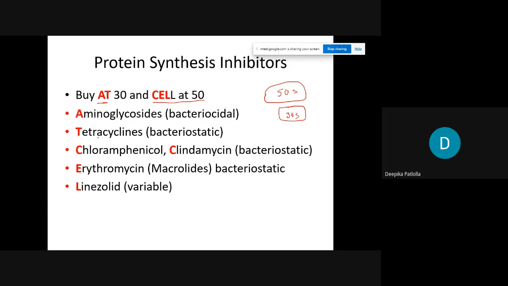Because I think aminoglycosides act at the 30S subunit of the ribosomes, and chloramphenicol, erythromycin, clindamycin and linezolid act at the 50S ribosomal subunits.